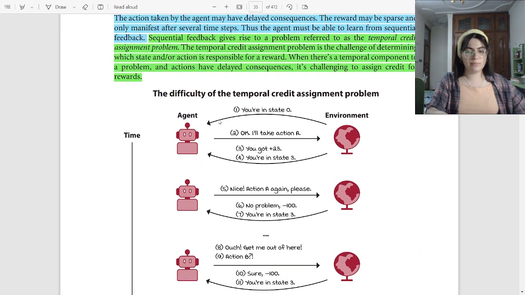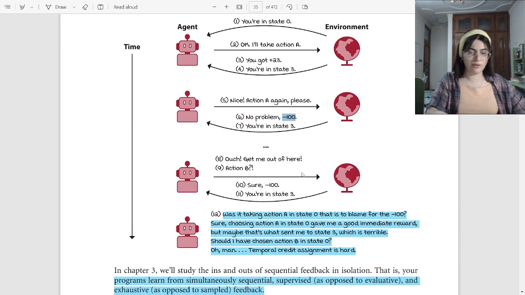The environment says you are in state 0, and the agent takes action A and receives +23. You are in state 3. Nice, action A again, please. Then it's still stuck in state 3, but receives a -100. It says, oh my god, get me out of here, and takes action B. Sure, another -100, and still in state 3. Now it is thinking: was taking action A in state 0 to blame for the -100?